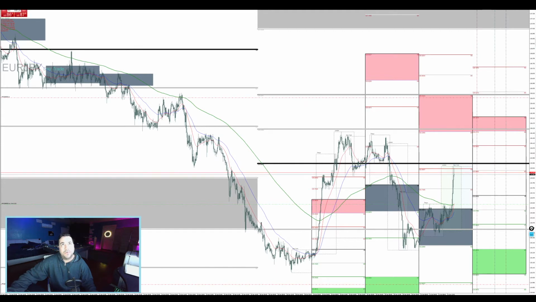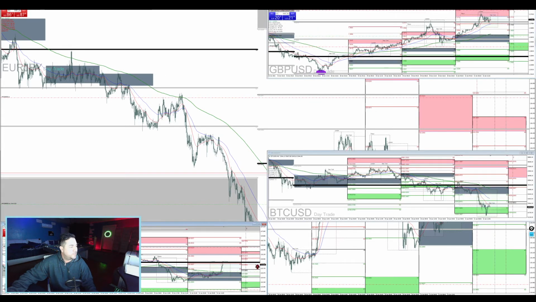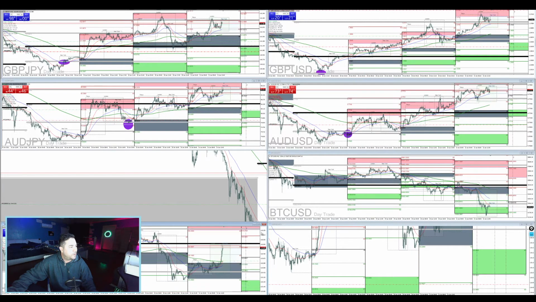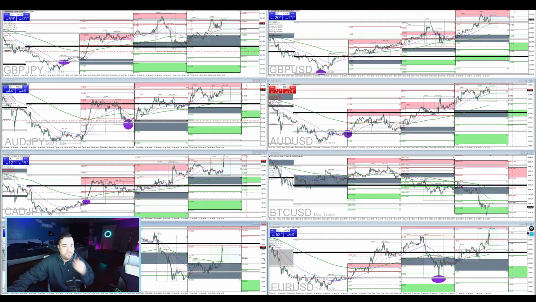Okay, so I had to do a half lot size since the stop is so large on this one. It's a 64 pip stop, so I had to reduce my entry by half.